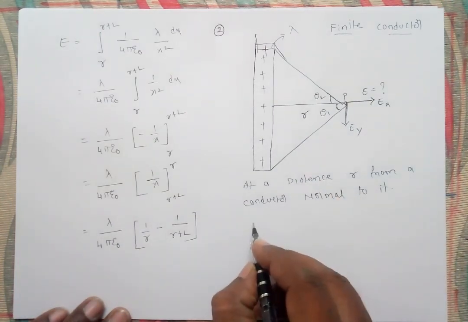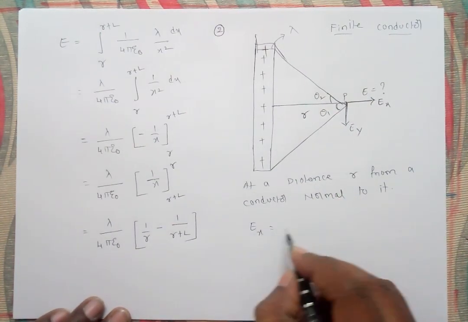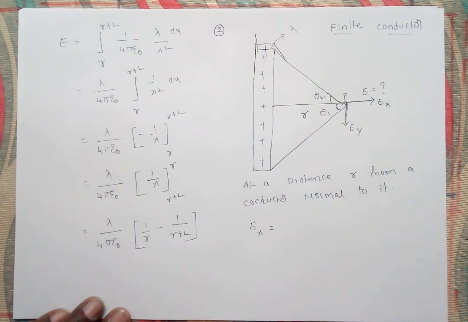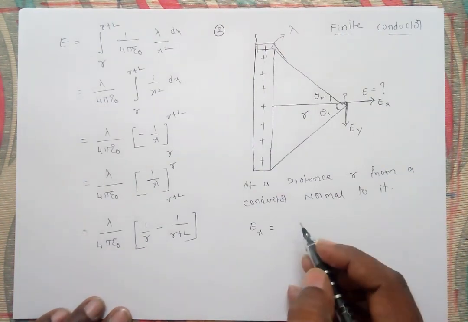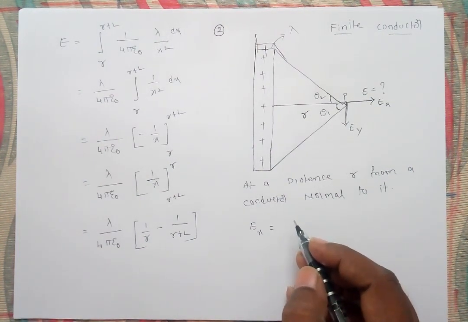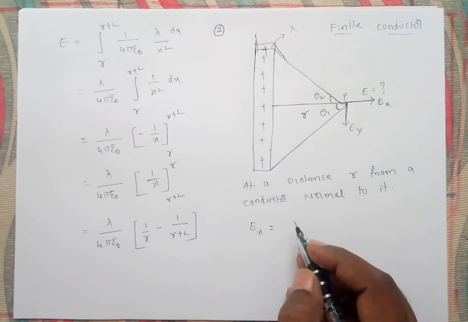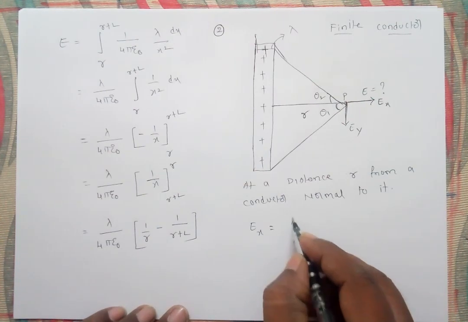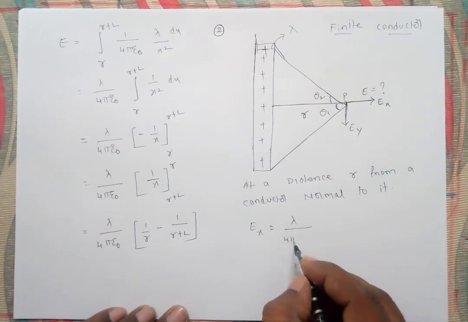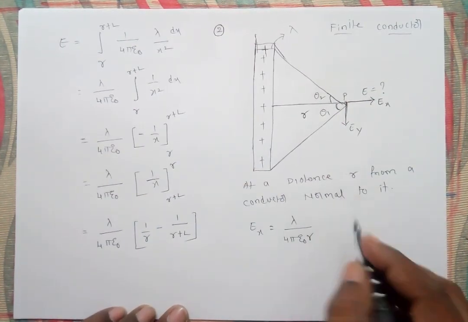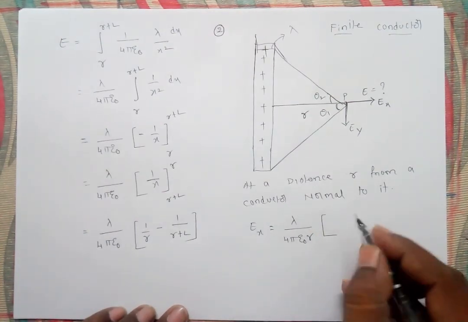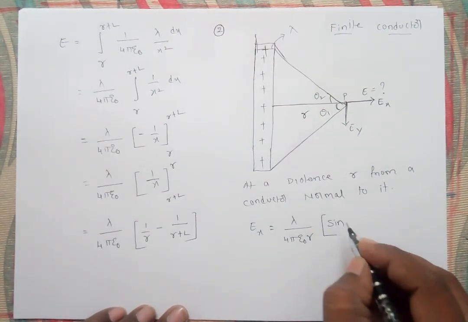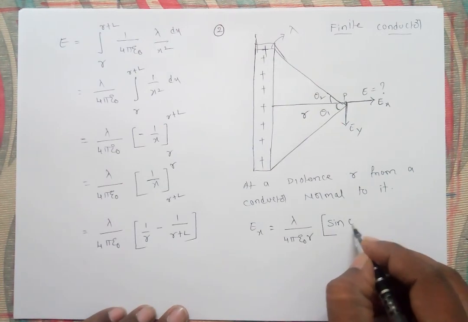Then here the electric field intensity Ex is equal to lambda by 4 pi epsilon naught r into (sine theta 1 plus sine theta 2).